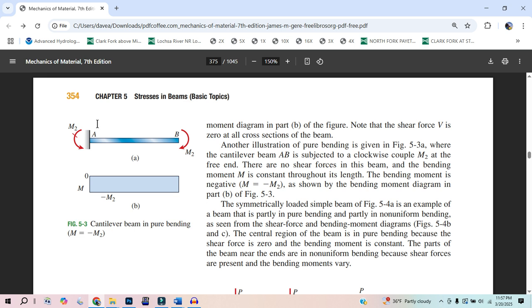And with those two forces being equal, there's no net force pulling it downward. There's no net force pushing it up. So if I have this reaction and I choose to put a load, even on this little small slice, if we put this moment on it, it's going to want to rotate this way. The first thing you can think of is, let's just apply a downward load. Cool.